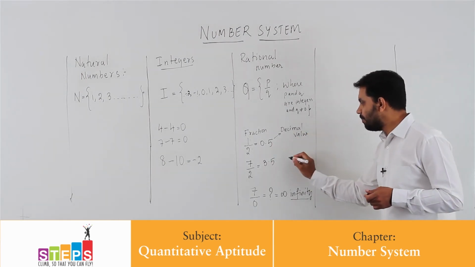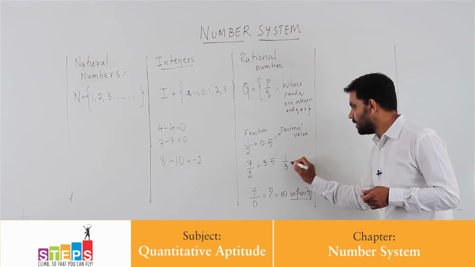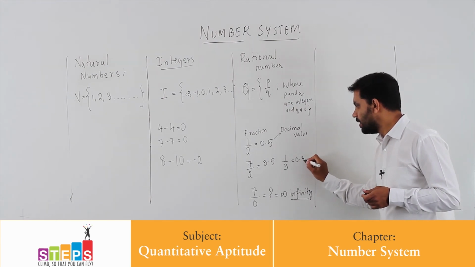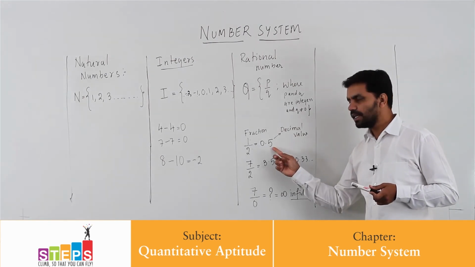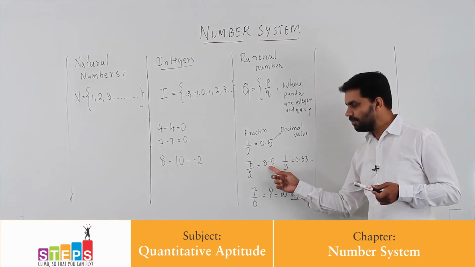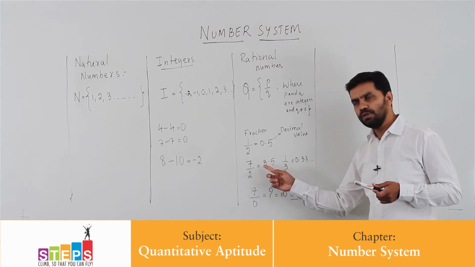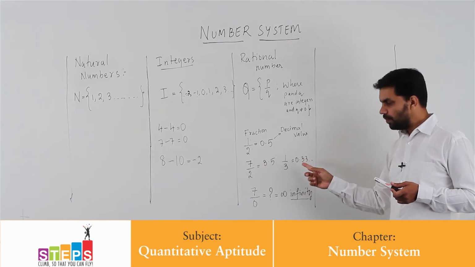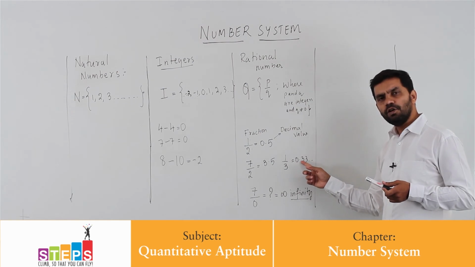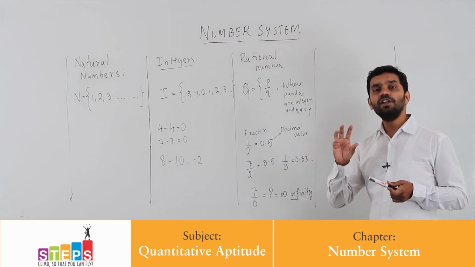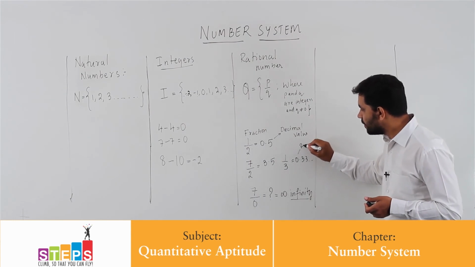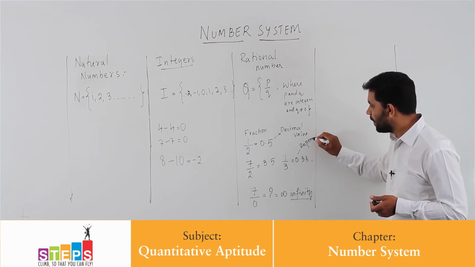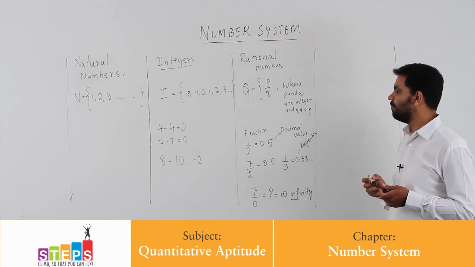Or for example, if I take one more number, 1 by 3, you get 0.333, and so on. Here it does not terminate. It's repeating.